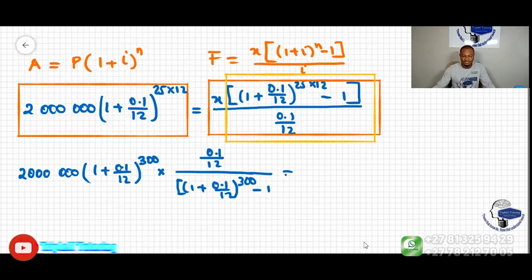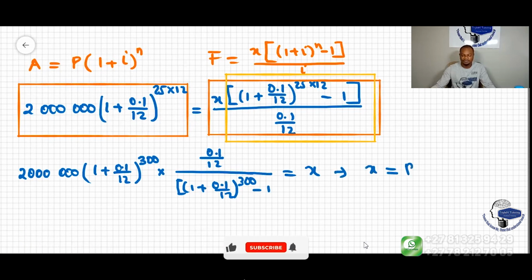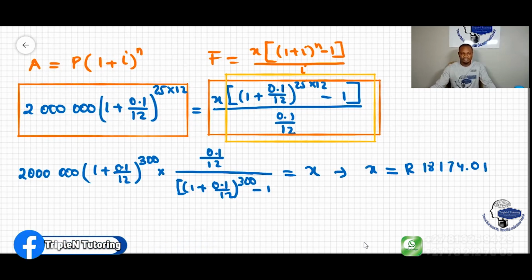This is equal to X. So this makes X equal to 18174.01. Thank you.